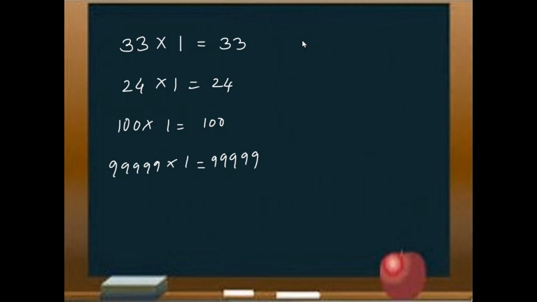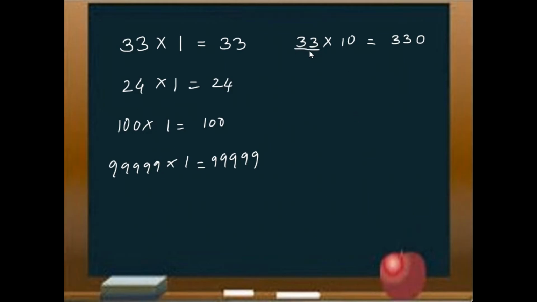Similarly, whenever you multiply any number with a 10, let's take the same numbers, 33 times 10, we get the answer as 330. Now how do we get this answer? 33 times 10 means nothing but you are adding 33 ten times, or you are adding 10 thirty-three times, right?